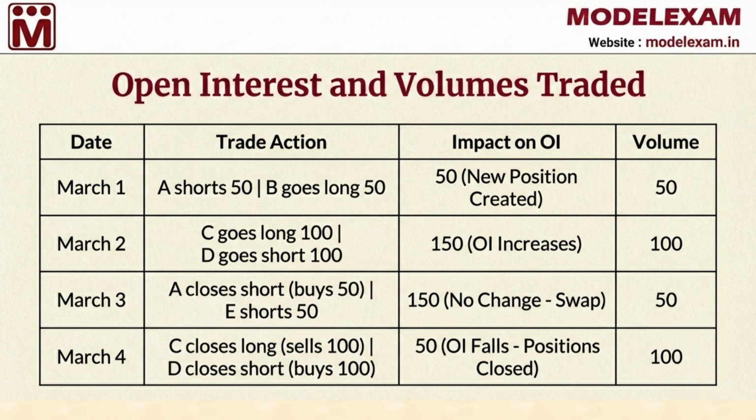On March 3rd, person A closes their position, but person E takes it over. Because one person just replaced another and no new net contracts were created, the open interest stays at 150, even though the volume for that day was 50. Finally, on March 4th, when existing traders close their positions, the open interest falls back down to 50.